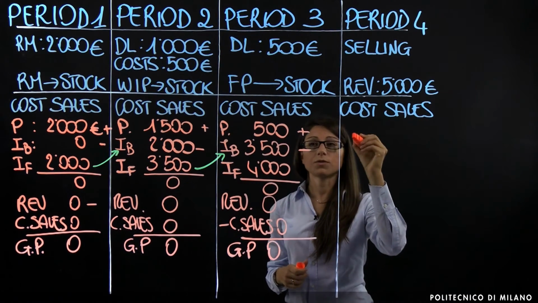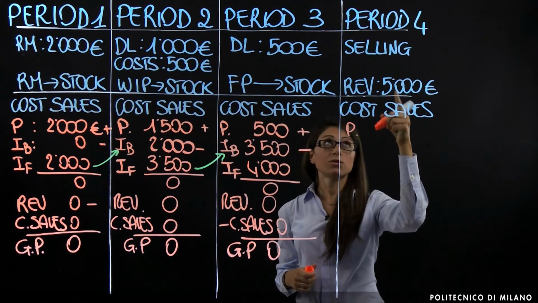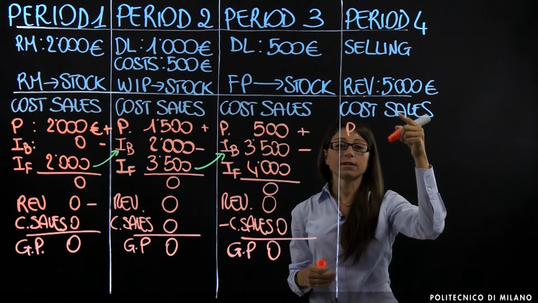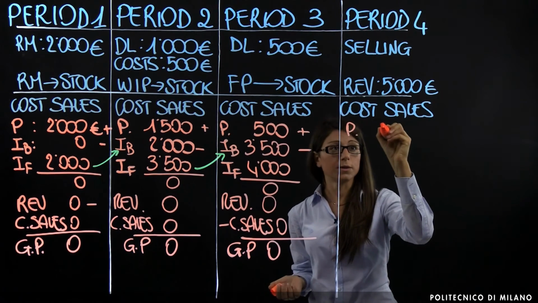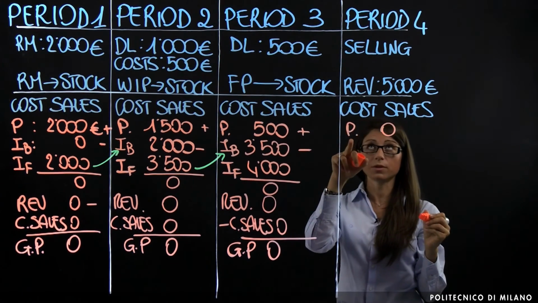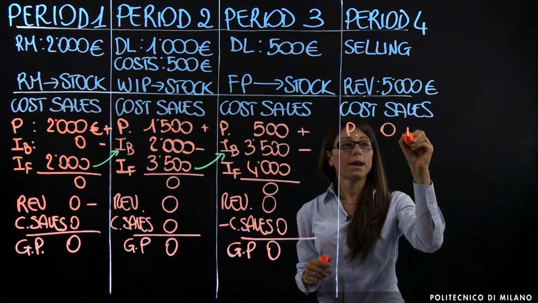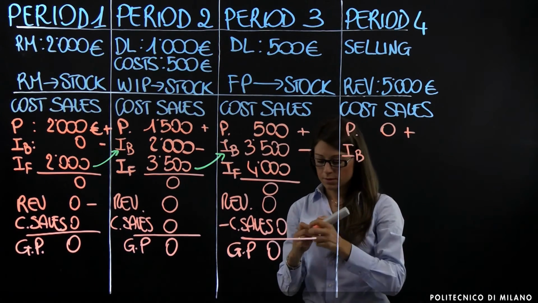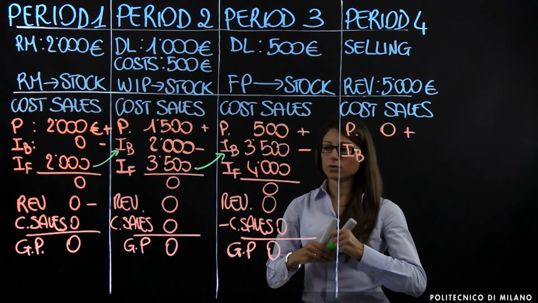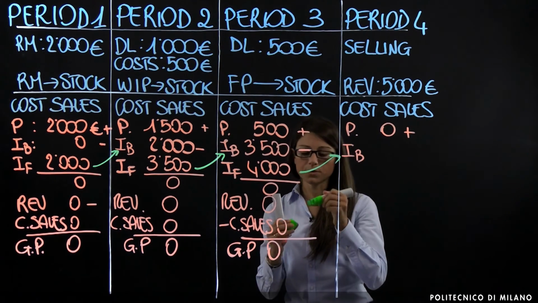Let's start with the cost of sales. We have the purchases during period 4. And we can see that the company didn't purchase anything during this period. So the purchases of period 4 are 0, plus the inventories at the beginning of the period. And we know that the initial inventories are the final inventories of the previous period.